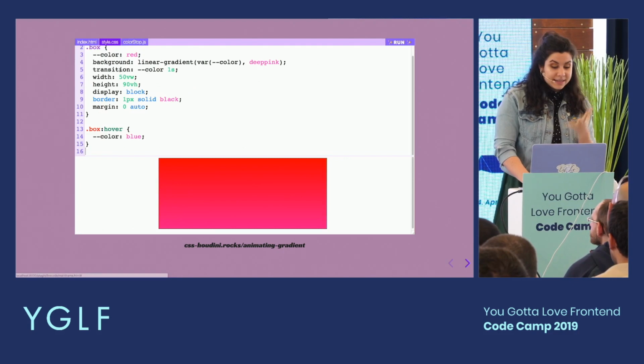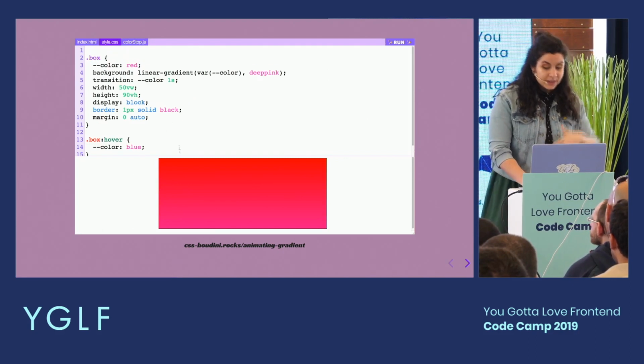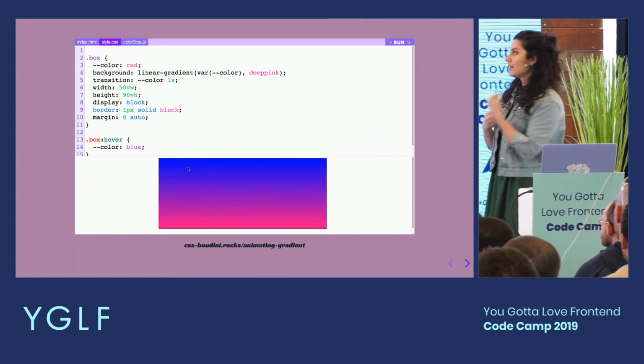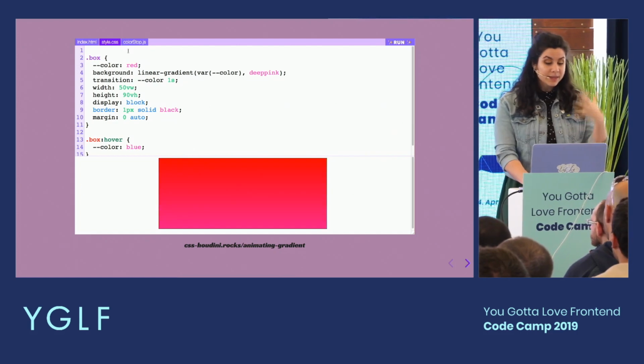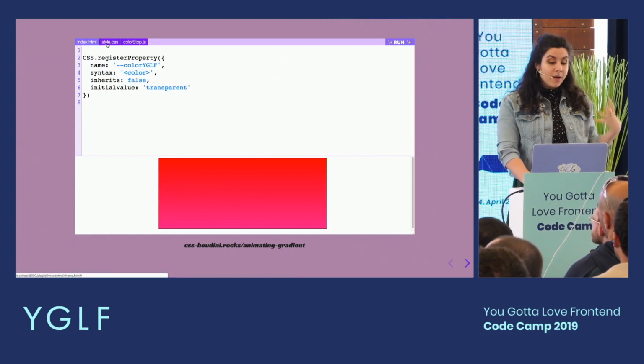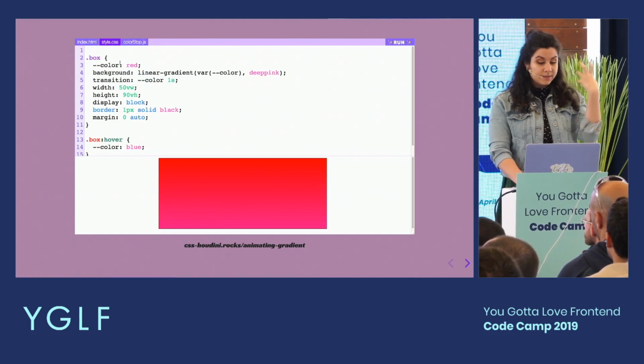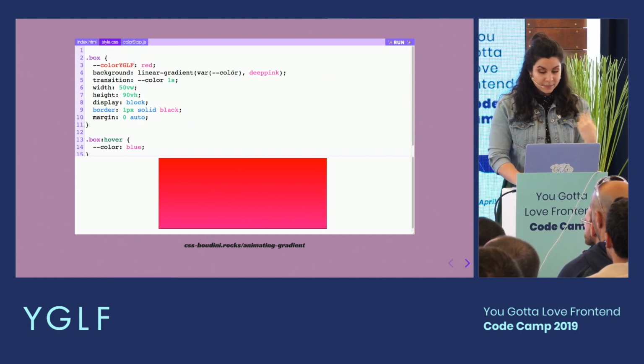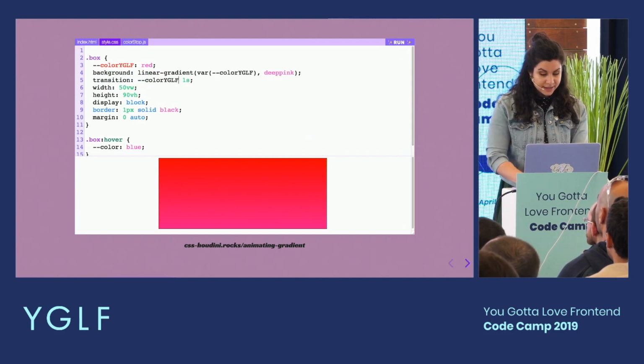And then in my style, what I'm trying to do is transition that color, but it's not understanding what I'm trying to do because there's no syntax to it. But I'm applying the syntax of color to this property that I'm registering so that it now understands what this means. So if I update all of my color variables to color YGLF, then I can transition that.